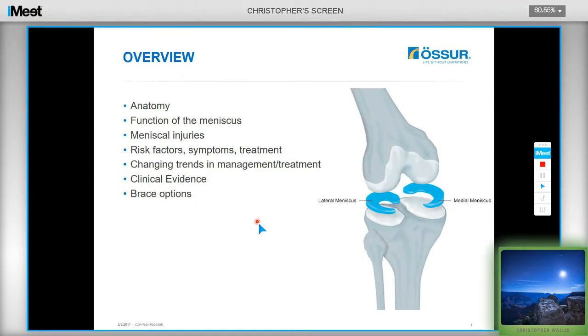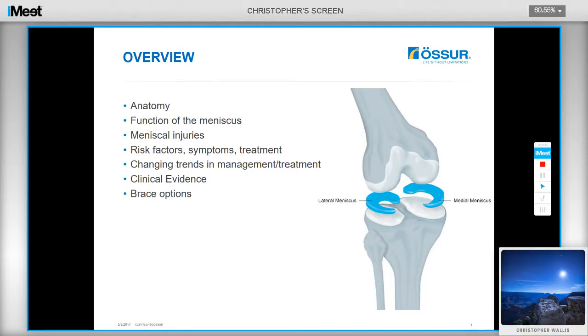So tonight we'll run through some relevant knee anatomy and the function of the meniscus. And I think to appreciate the management of meniscal injuries, it's good to start with anatomy and function. Then we'll look at the different types of meniscal injuries, risk factors, symptoms and treatment of different types of meniscal injuries.